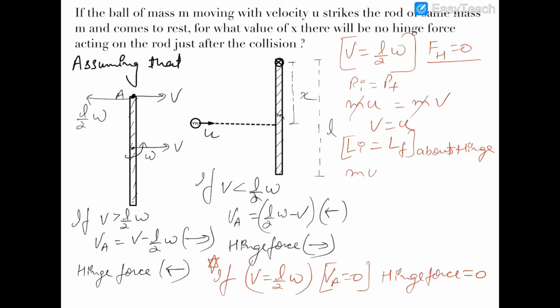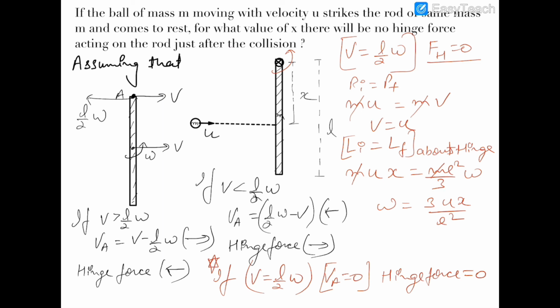So mu into x is equal to I omega, where I is m L square by 3, the moment of inertia of the rod about the hinge, and omega is the angular velocity. So omega will be equal to 3ux by L square.